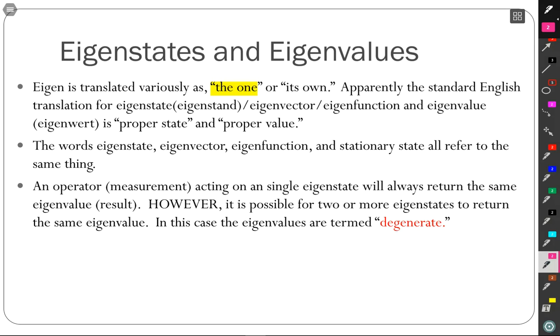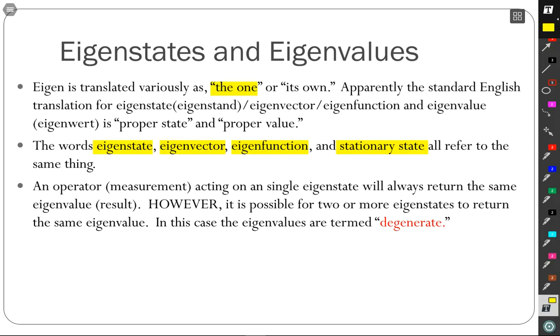The words eigenstate, eigenvector, and eigenfunction are the same thing as your stationary state. We've been talking about our different solutions to the wave equation, the wave functions. Each one of those wave functions, since we were doing the time independent, was a stationary state. So that's why I've been using these words, because they really are the same thing.